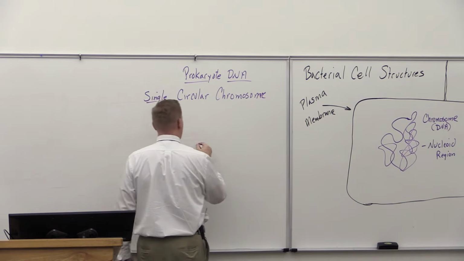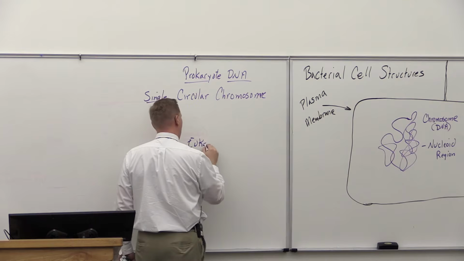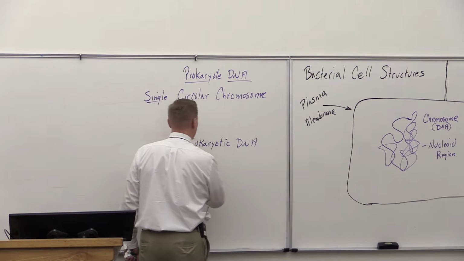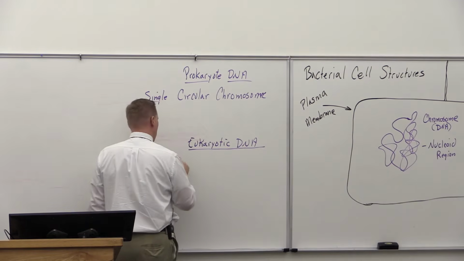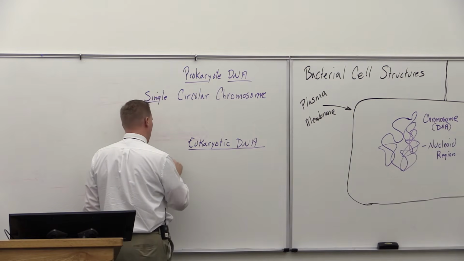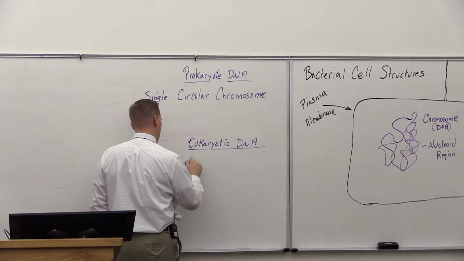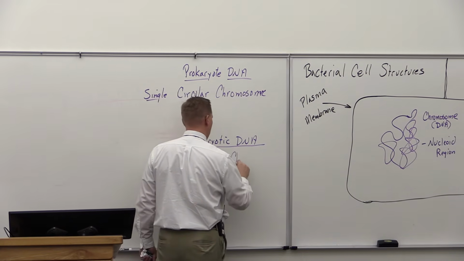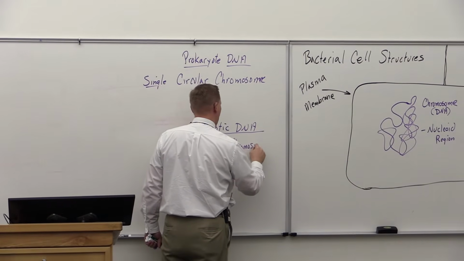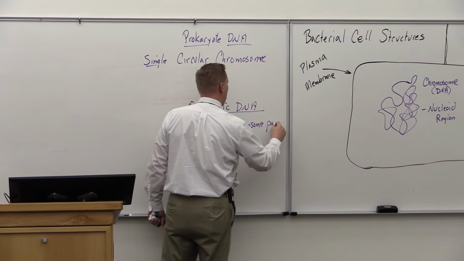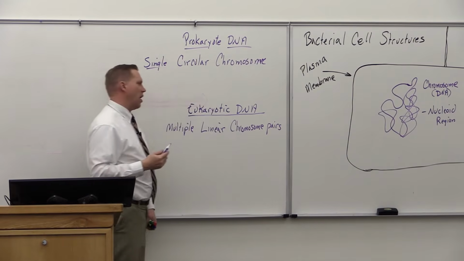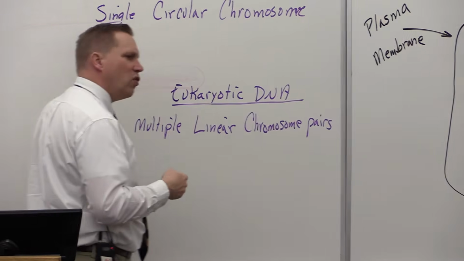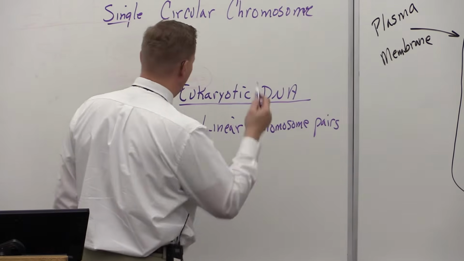In comparison, eukaryotic DNA usually has multiple linear chromosome pairs. So in eukaryotic organisms, the chromosomes tend to come in pairs. So you'll usually see even numbers of them.